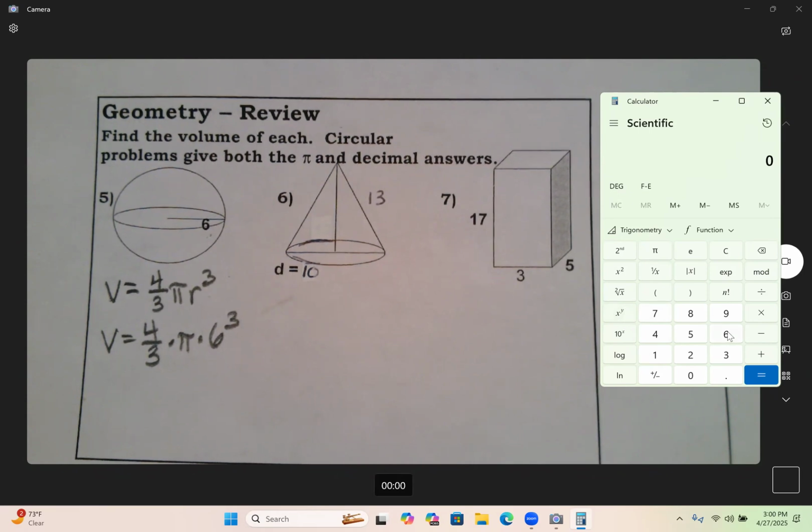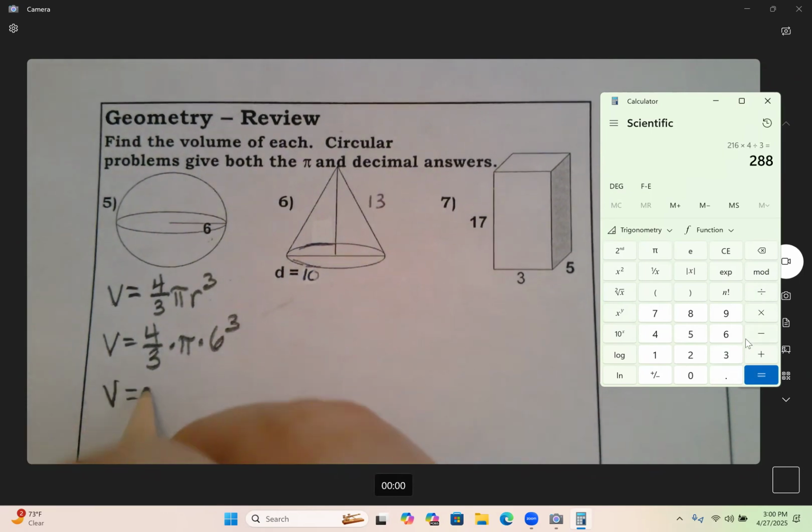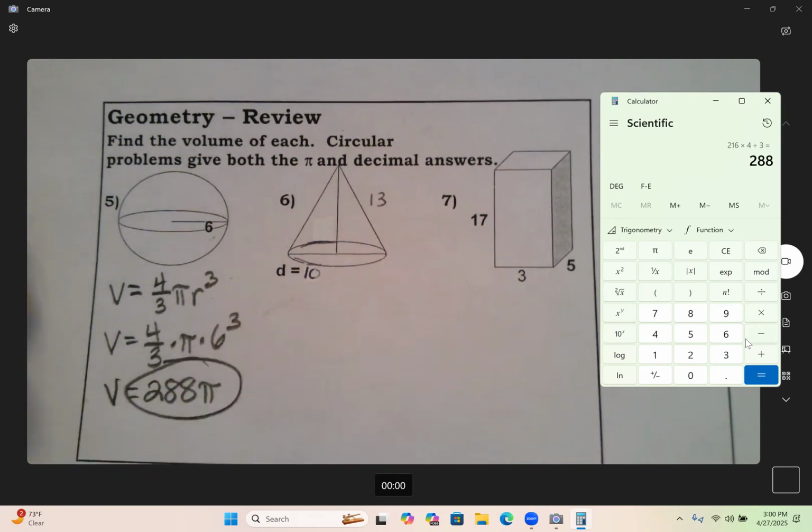So if I do 6 to the third power, I'm going to do 6, exponent key 3, and that is 216. All right, and then I'm going to multiply by 4/3. Since I don't have a fraction key, I'm going to multiply by 4 and then divide by 3. And so the volume of this sphere is 288 pi cubic units.